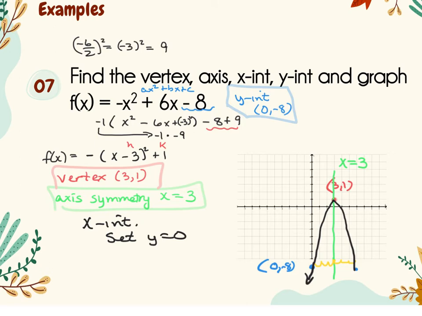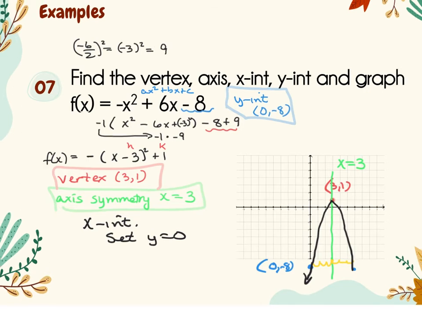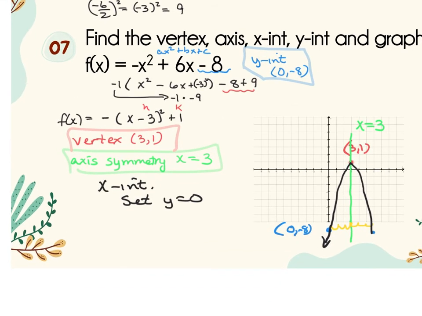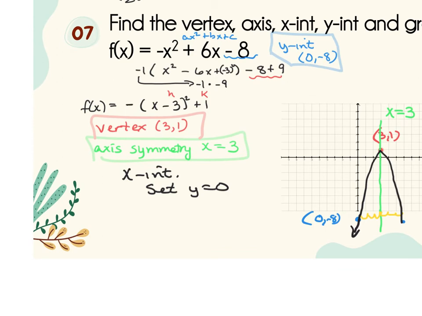And now I can use either method to find the x-intercepts. I can go back to my original quadratic form, or I could use the standard form that I rearranged. So let me just show you both. So if I went back, well, let me just go ahead and use this one. Usually this is the faster one.